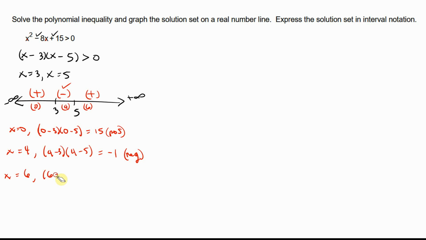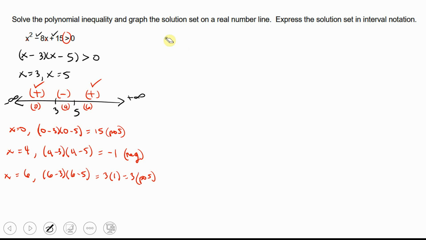So we get 6 minus 3. See, that's positive. And then 6 minus 5. That's positive, right? So that's 3 times 1. That's 3 anyway. It's positive. So here you want it to be greater than 0. So the intervals that are greater than, you look at the plus signs.